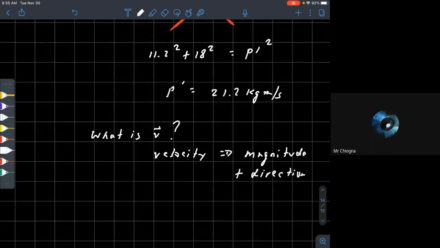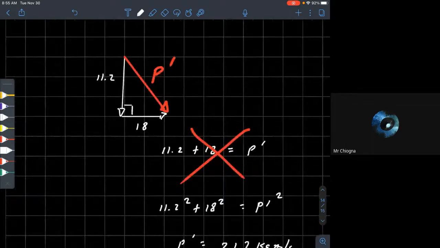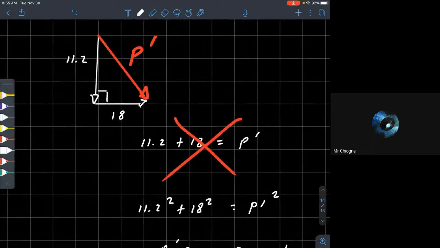What do I mean by direction? I need to figure out, let's see here, which one do they use? Need to figure out what this angle is here. I'm going to use that. That angle there.